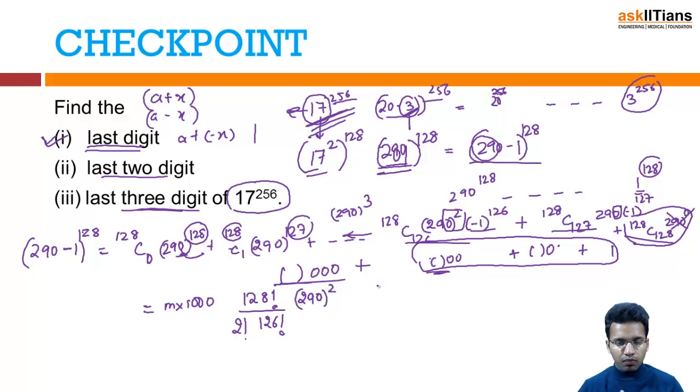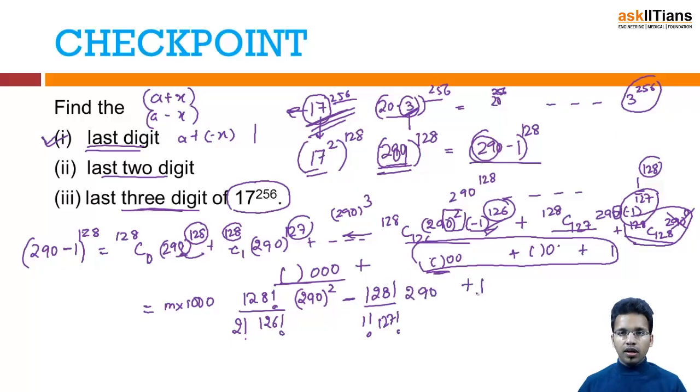Plus, because it is an even power. The next one will be minus. Why? Because there is an odd power. So it will be 128 factorial over 1 factorial, 127 factorial, and it will be 290, and then there will be plus 1.